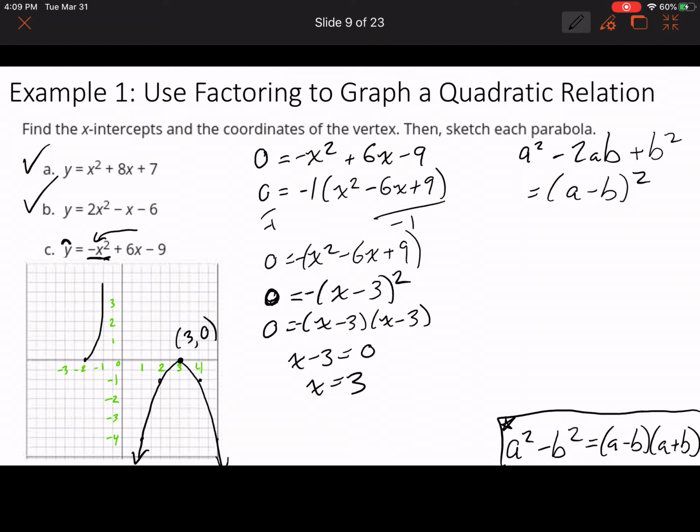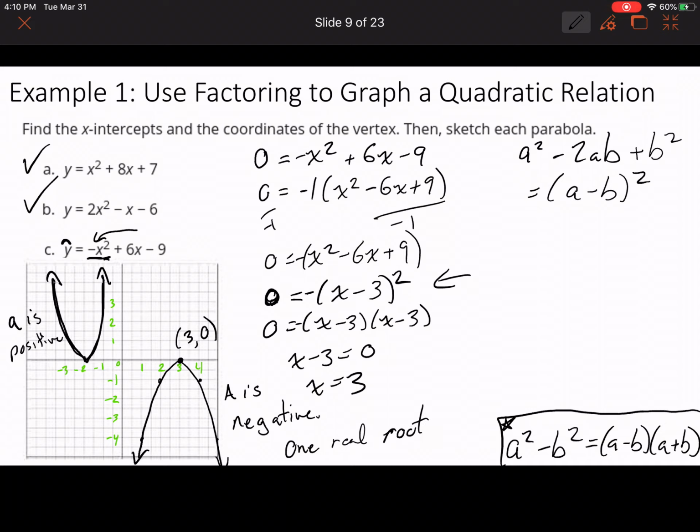It's either a positive parabola because a is positive, or a is negative and it's facing down. So if we only have 1 because we've got a square like this, then we only have 1 real root, or 1 x-intercept.